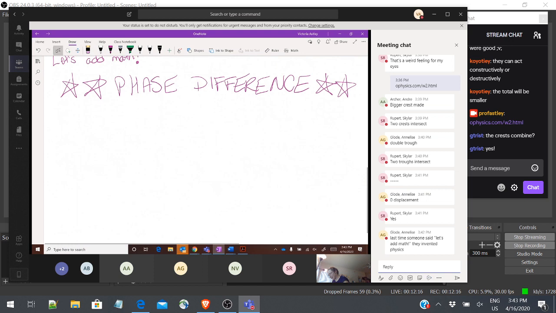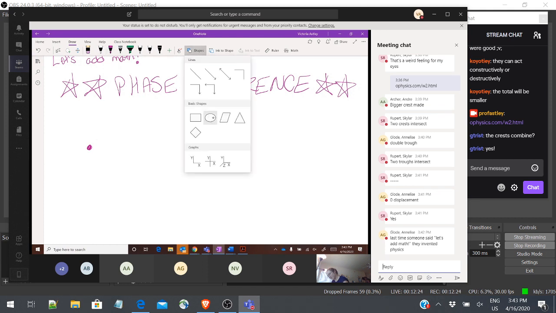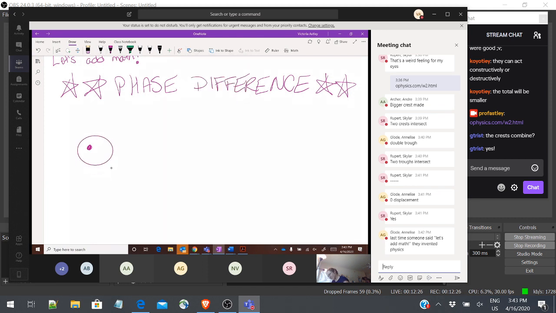So if we have, let's do a little bit of review. Maybe I can do shapes, then that will suck less. Oh, they're just all going to be ovals. Look at the shape, like an egg.